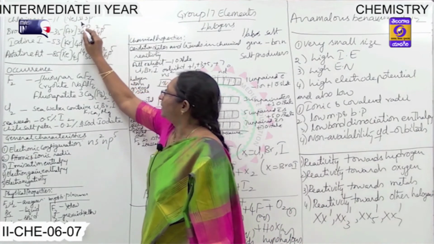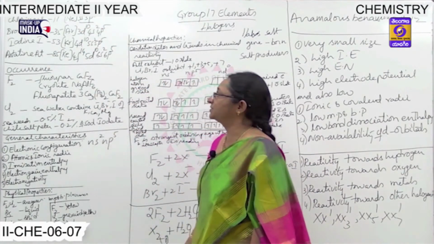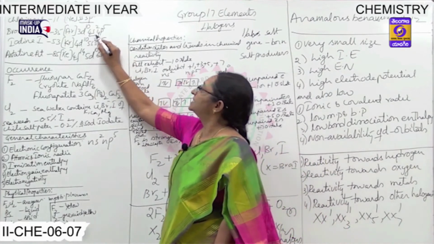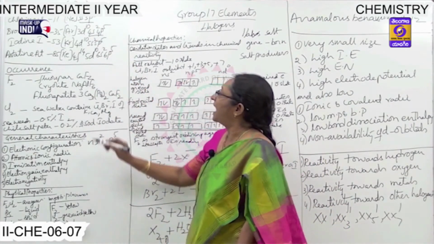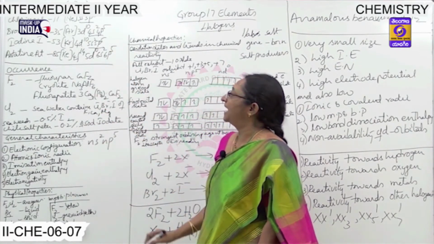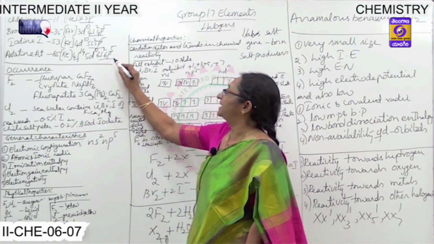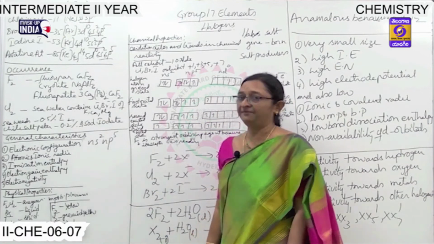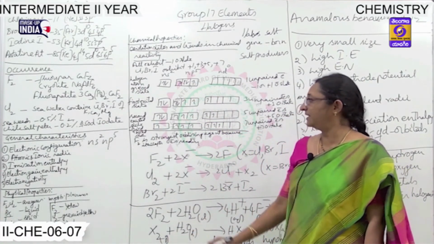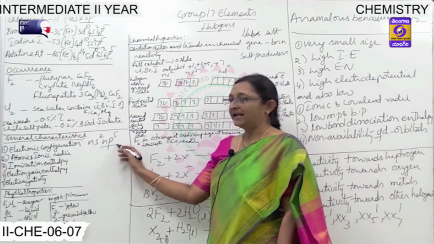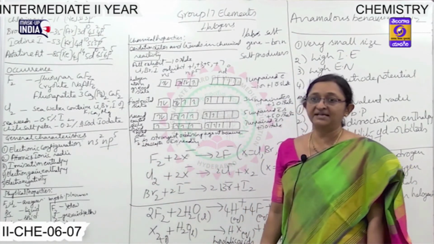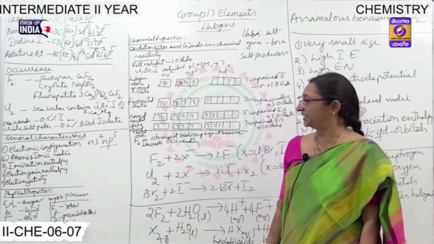Chlorine has 3s2 3p5. Bromine has 4s2 4p5. Iodine has 5s2 5p5. And astatine has 6s2 6p5. That means these elements require only one electron to complete the outermost shell to get the noble gas configuration.